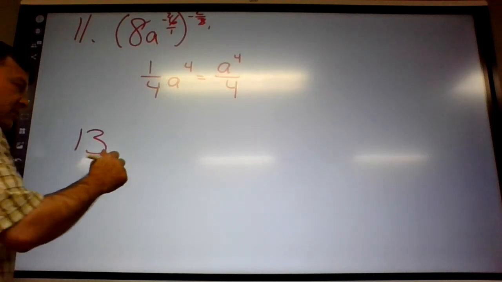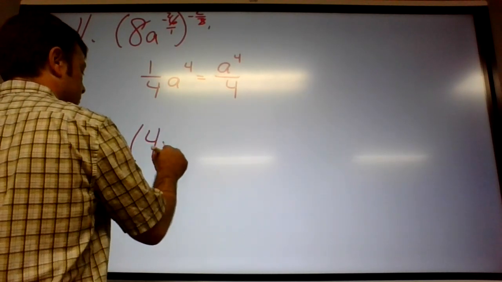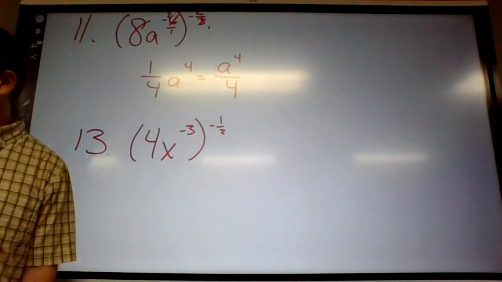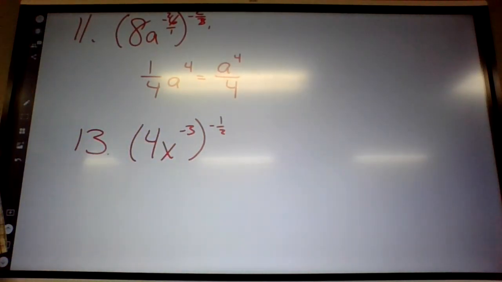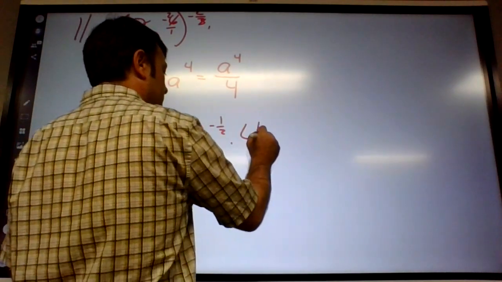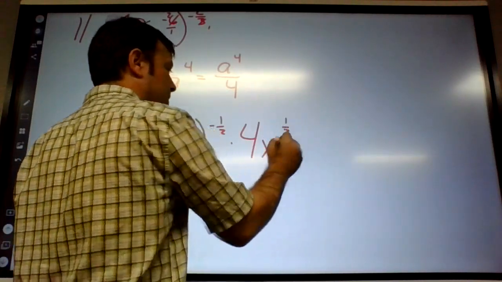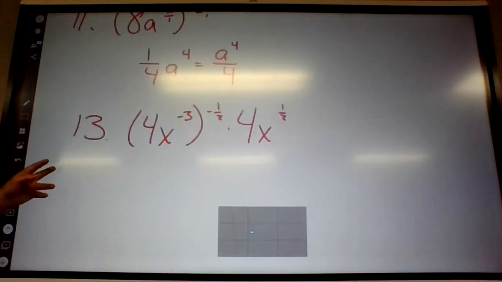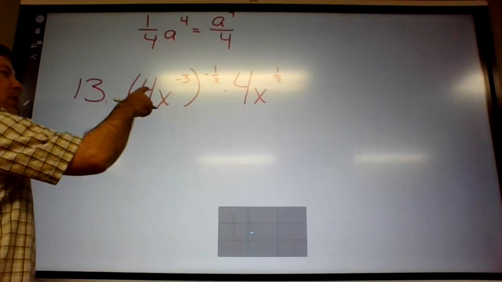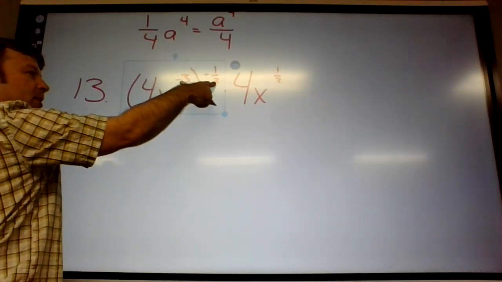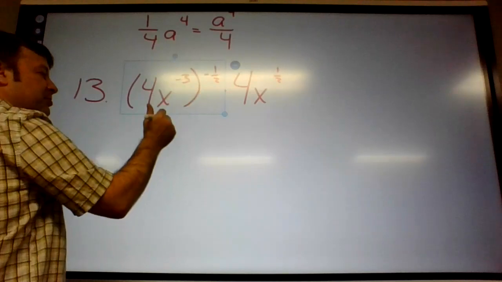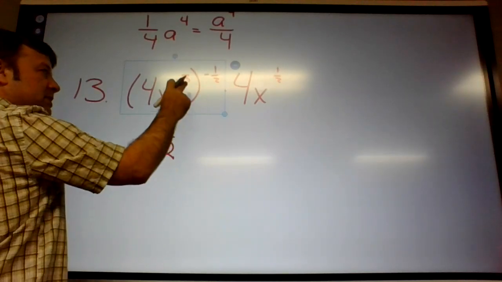13. 4x to the negative 3 to the negative 1/2. And the 4x. Okay, did I do that right? Yes. All right. What is 4 to the 1/2 power? 2. So the negative exponent makes it 1/2.